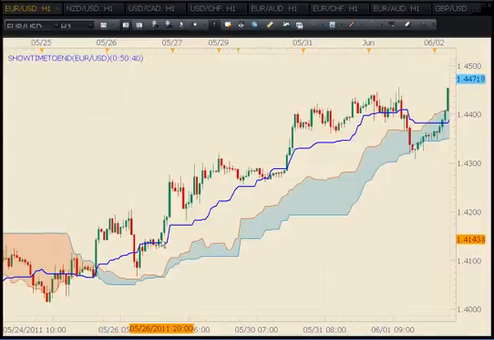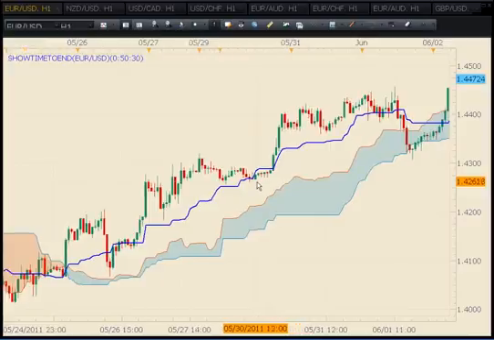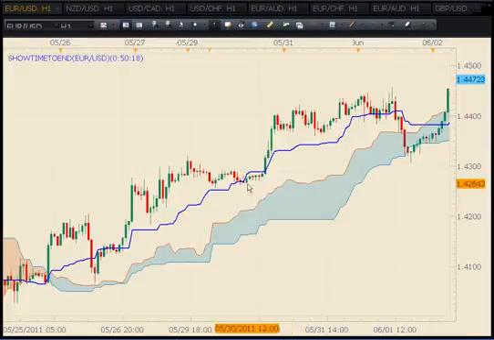Okay, and then we ride this and ride it and ride it until it breaks the Kijun on the other side. If it breaks on the other side of the Kijun, then you can close your order. You can take your profit and close your order. That'll be your exit sign, or else you can wait for it to go to the other side and break the cloud. But I like to get a break of this Kijun, and then I'm out.